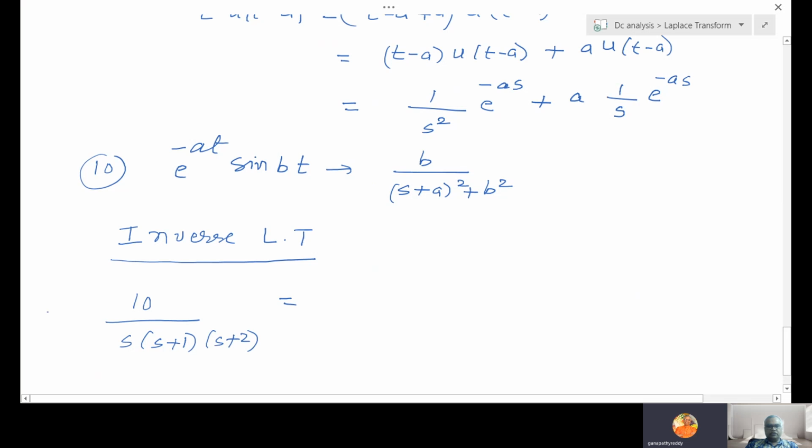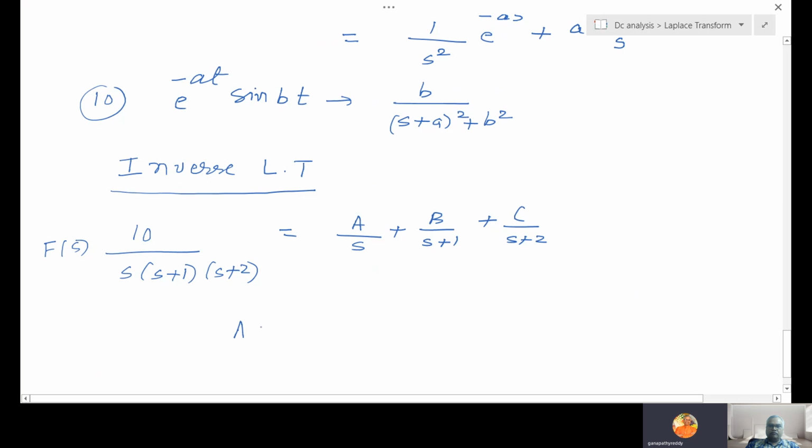So this is F of s given. You have to find f of t. So how to expand this? 10 by s (s plus 1)(s plus 2) equals a by s plus b by s plus 1 plus c by s plus 2.